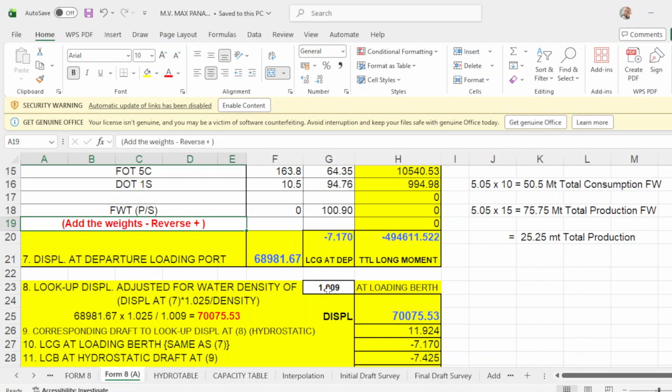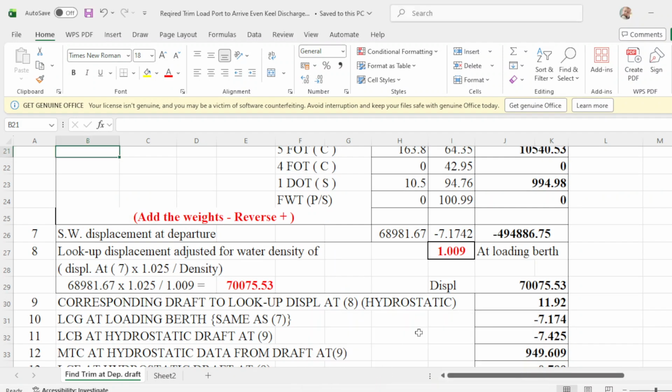You apply the displacement density in New Orleans, this displacement times 1.025 over 1.009, and the displacement will be 1075.53, okay, which is this one, 100753.